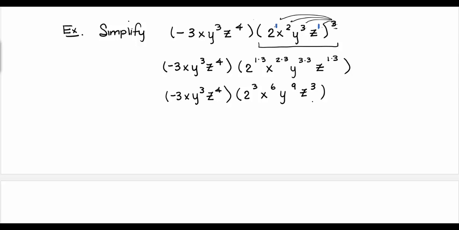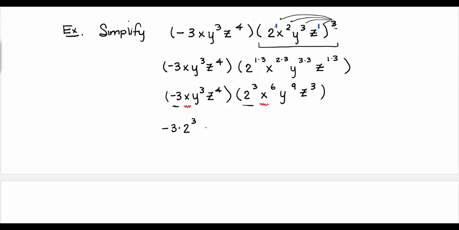Okay, so now I have a bunch of multiplication, and we can go back and use our multiplication rules. I'm going to group like bases. So here I have a 3, and then 2 to the 3rd is 8, but I'll move those closer together, times 2 to the 3rd. And then I'll look at my x's. Here I have an x to the 1 and an x to the 6th.